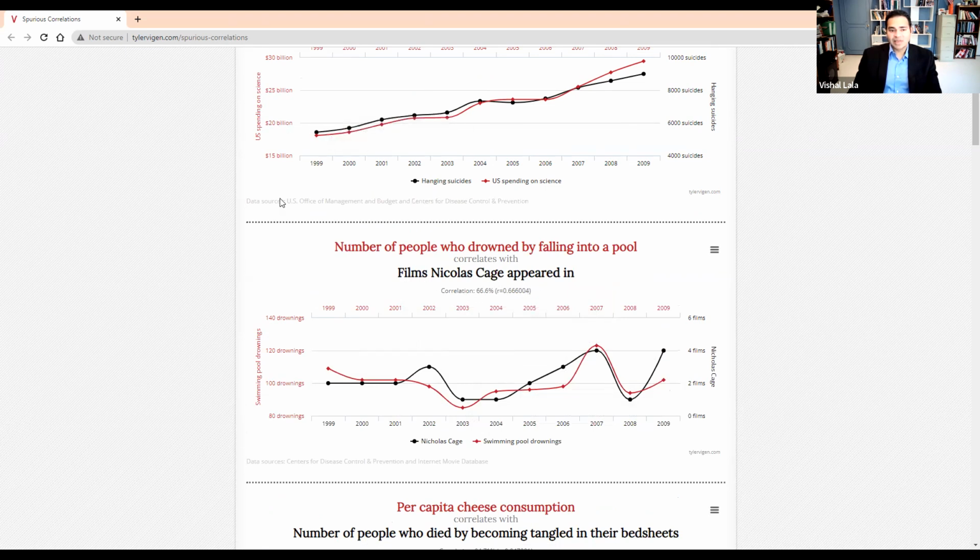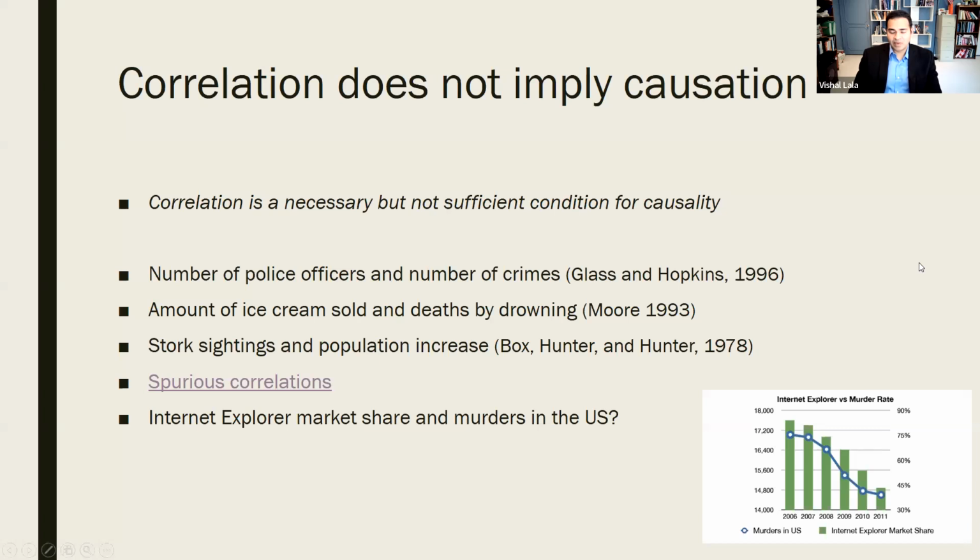Okay, so we understand then that correlation is not the same as causation. Right? Here's one more example. As you can see on the right in the little bar chart, the green bars indicate the market share for the browser Internet Explorer, which is no longer available, or I don't think it's available anymore.